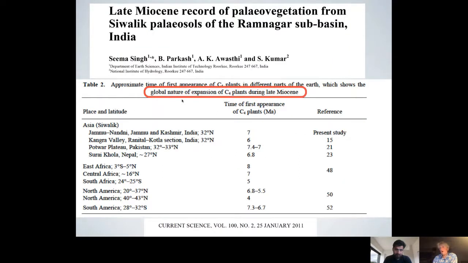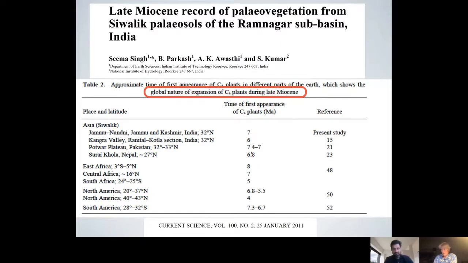So there was another compilation by Sharma Singh et al. who compiled a bunch of data. This is the Potwar Plateau of Quade and others, and then there were these other sections that were, and they all had dates 7, 6, 6.8, 7.4, something like that.